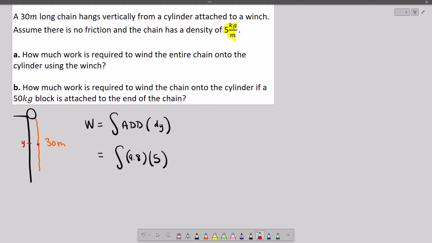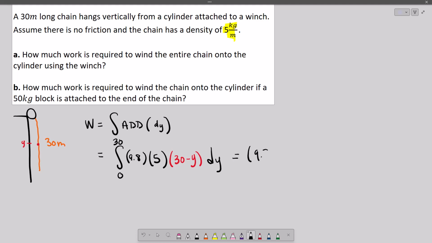How far does that link have to travel? 30 minus y, complementary distance. So 30 minus y. And because we're dealing with 1D, we have no cross-sectional area to put inside there. It's just going to be a dy. And then we want to hoist, we want to winch the entire chain up. So all the links from 0 to 30.